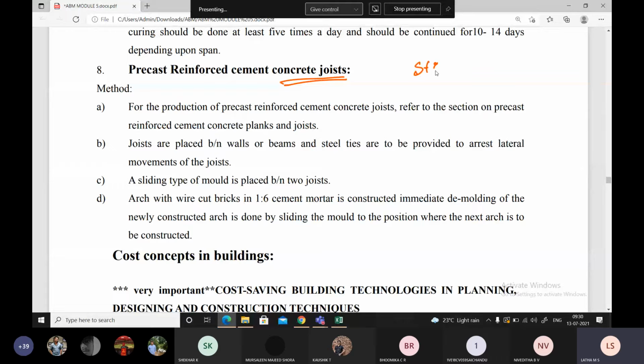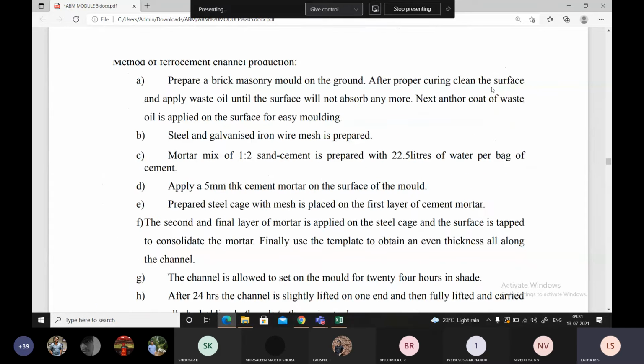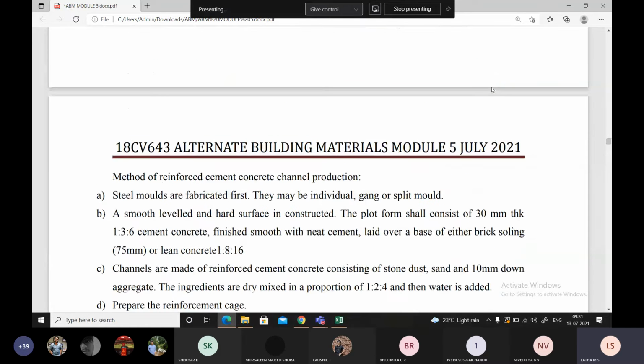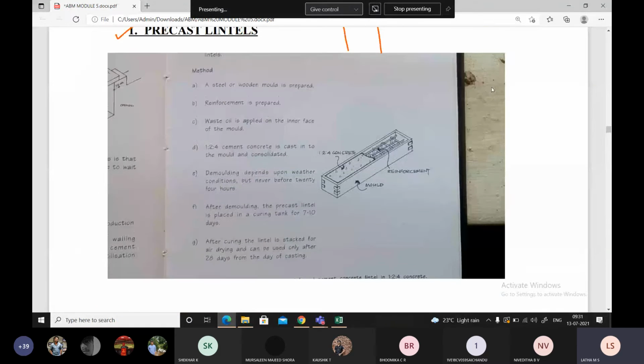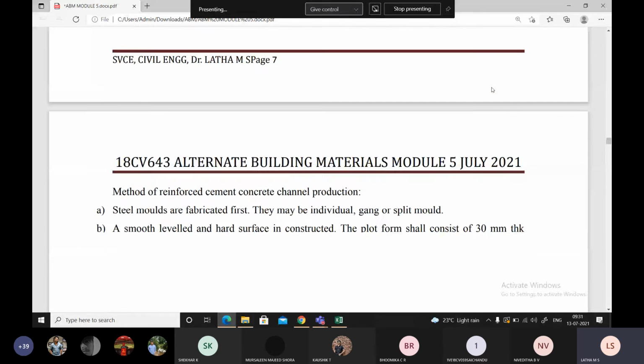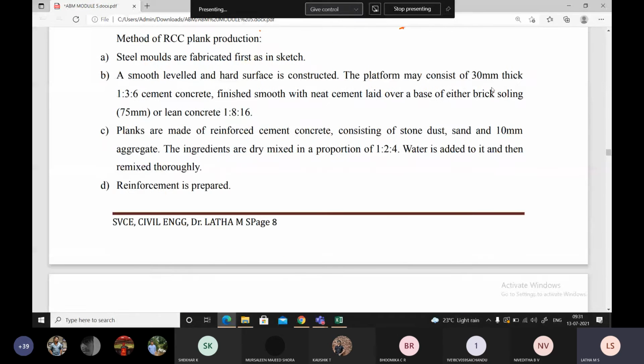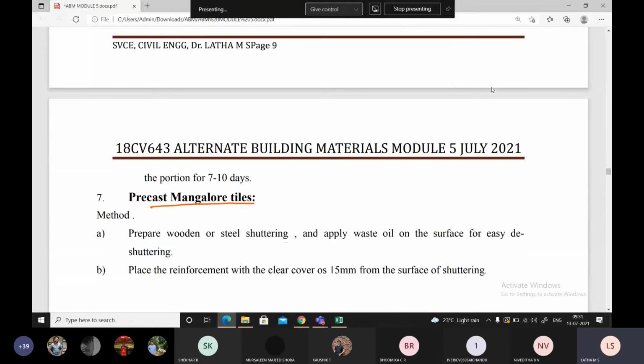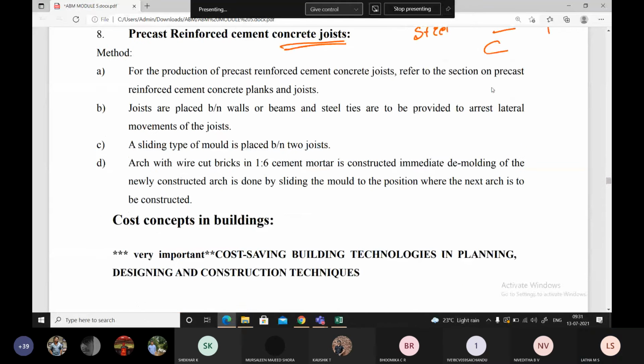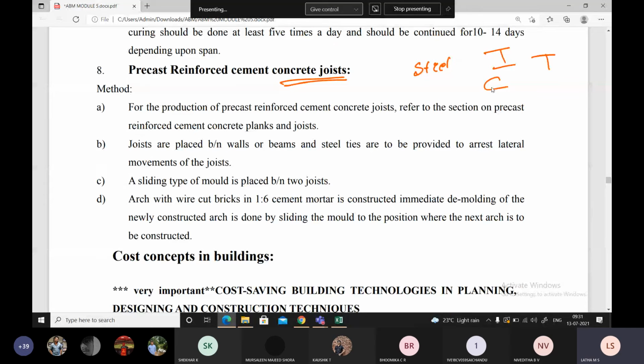Similar to the steel sections, you find precast reinforced concrete joist also. It can be in I section, or T section, or C section, right? So joist can be made available. So totally 8 different types of precast elements are available with us to study. Even more are possible to get and construct. So let us start from the 8th one, precast reinforced cement concrete joist.